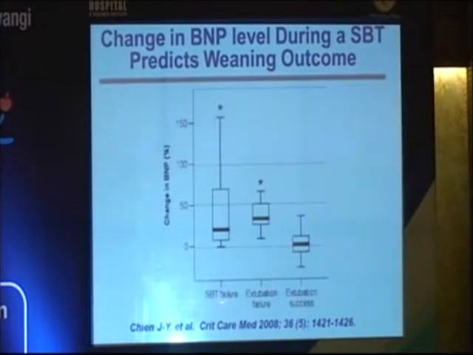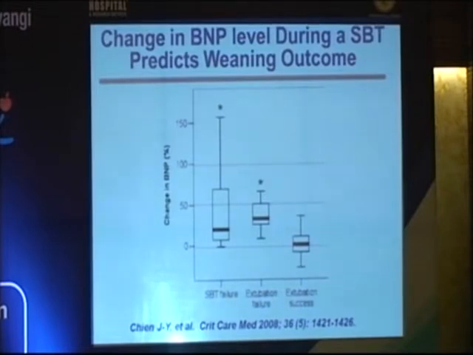Here are the three types of patients: failure of the spontaneous breathing trial, failure of the extubation attempt, and success of the extubation attempt. And what you can see here is the patients who, with cardiac disease, typically who are successful in their extubation, their B-type natriuretic peptide, a measure of myocardial stress basically, stays the same or even goes down.